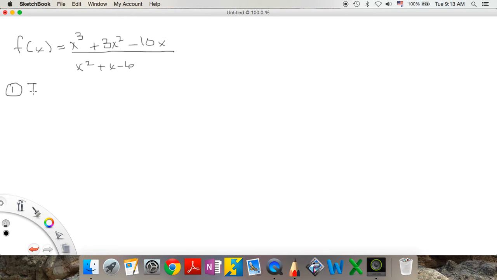So that means it's improper because the top degree is greater than the bottom degree. Now, we want to reduce this and see if we can find some help with that. So we factor. We have x squared plus 3x minus 10. Now this bottom factors pretty easily. So let's finish factoring the top.